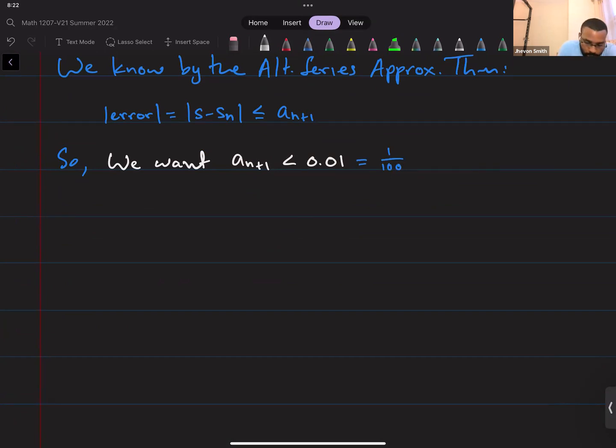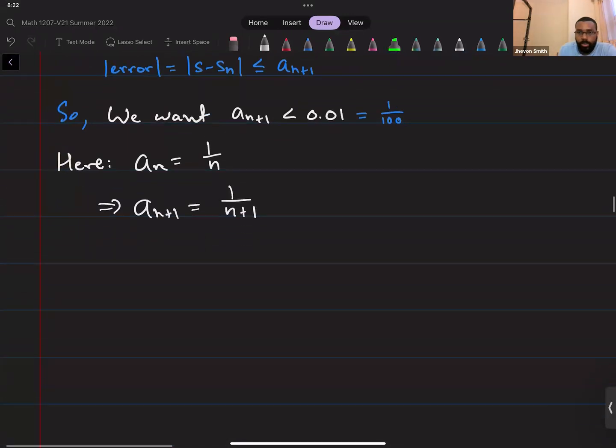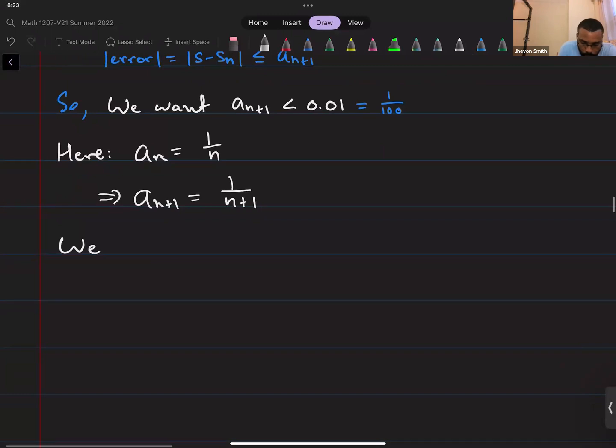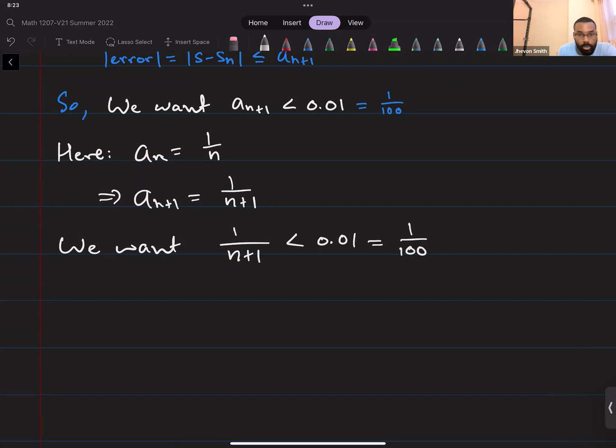Okay, so here, of course, our a_n is 1 over n. So that means a_(n+1) is 1 over n plus 1. And that means we want 1 over n plus 1 to be less than 0.01, or we want it less than 1 over 100.